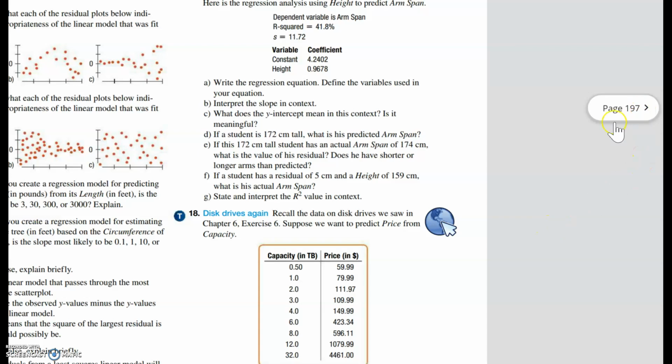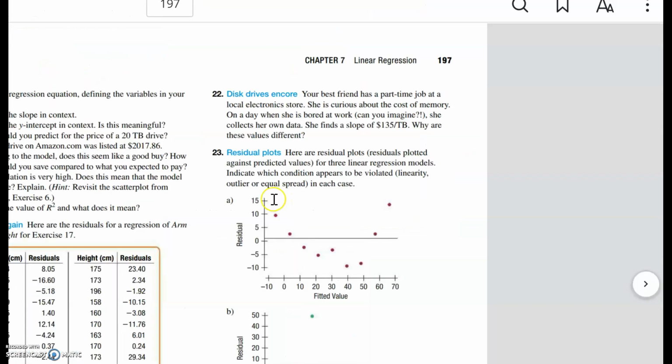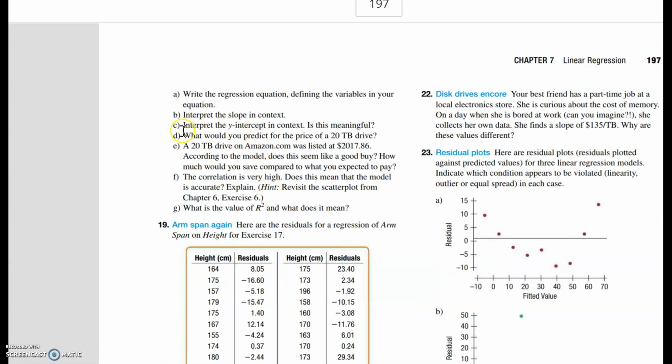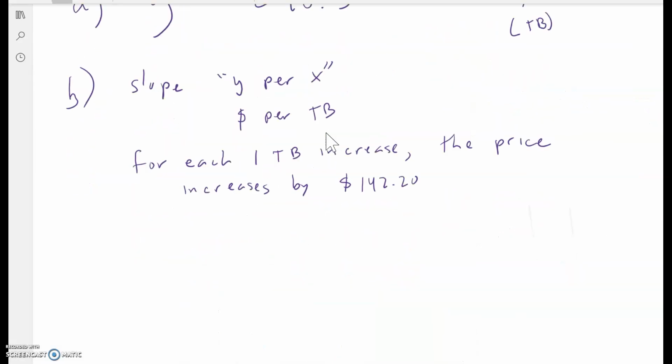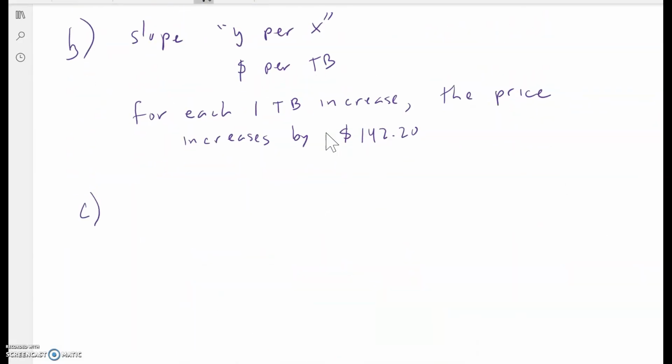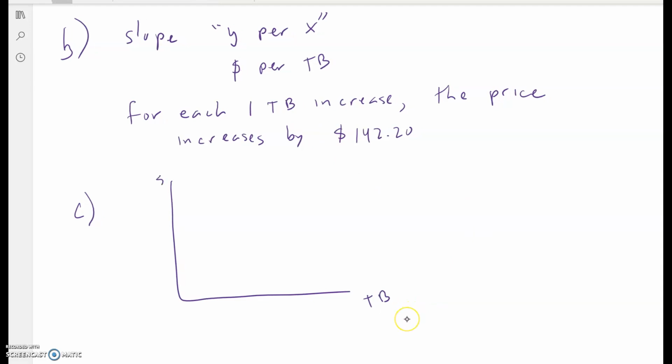Let's answer part C now. Part C says, okay, interpret the y-intercept. Is this meaningful? So y-intercept is always, if you look at the graph, you have terabytes as the horizontal axis, you have dollars as the vertical axis, you have your dots, they look like this, and you have your line.